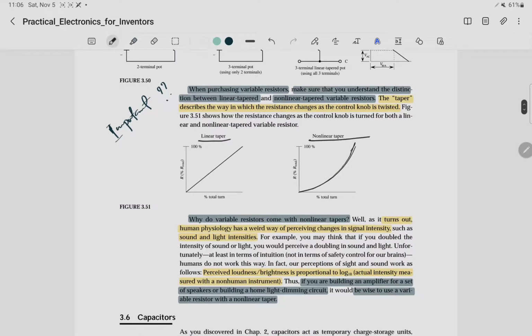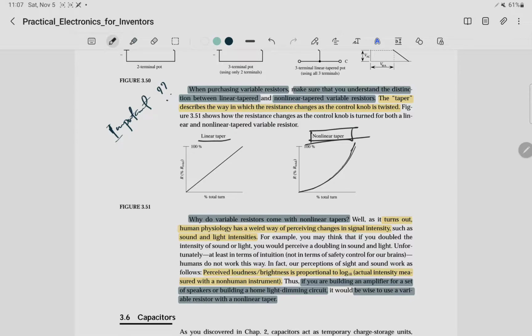So why would we choose a non-linear taper over a linear taper? This basically comes from human physiology. It turns out human physiology has a weird way of perceiving changes in signal intensity, such as sound and light intensity.